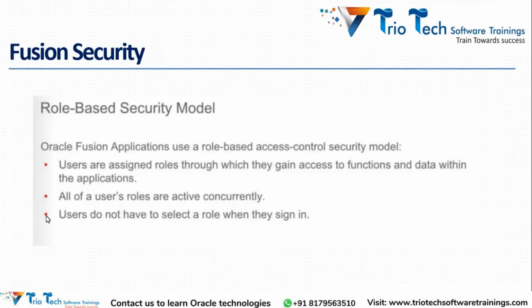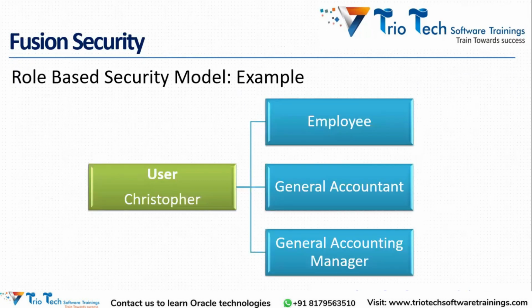Now we will understand the role based security model with an example. There is an employee whose name is Christopher, let's say, and he is a person from the general accounting department.